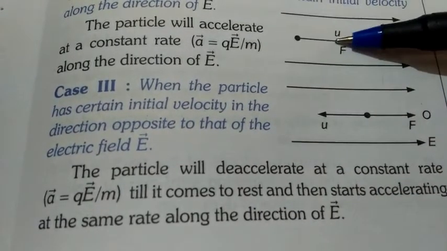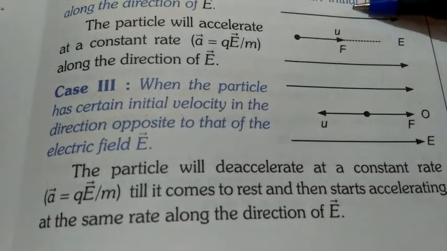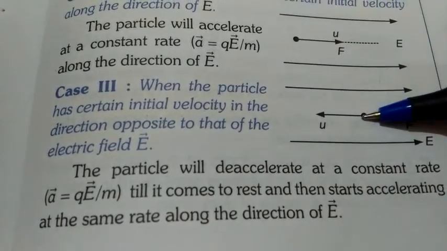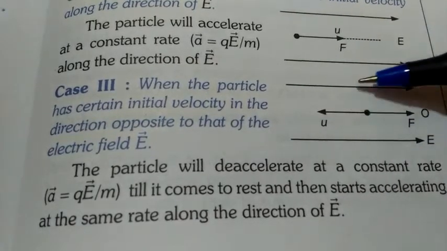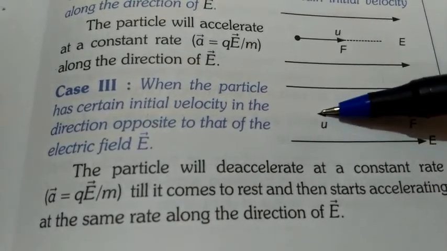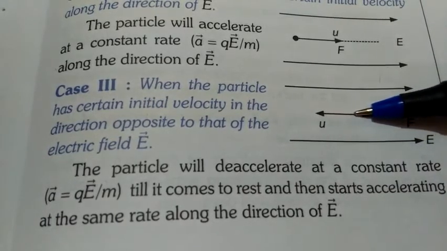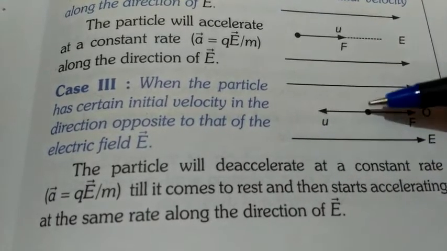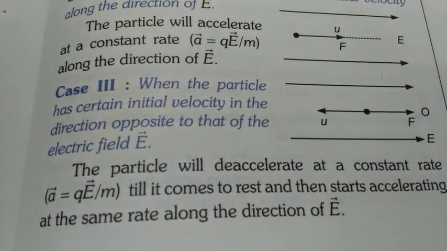In the second case, if the particle is moving in the direction of the field, it gets accelerated. In the third case, if the particle is moving in the opposite direction of the electric field, the velocity of the particle slowly decreases, comes to rest, and then the particle starts moving in the direction of the field.